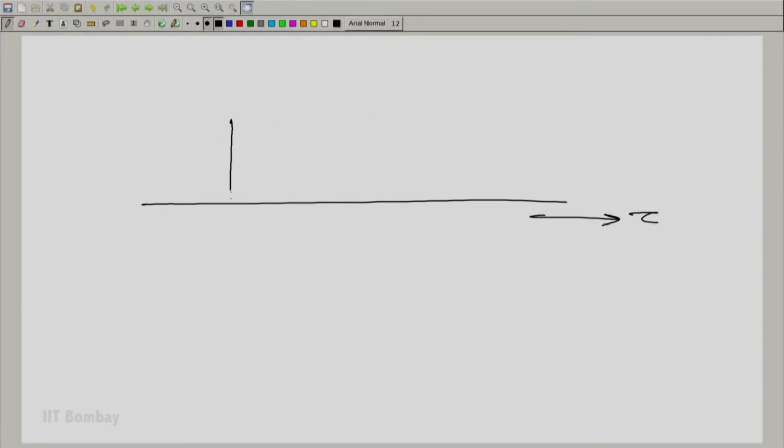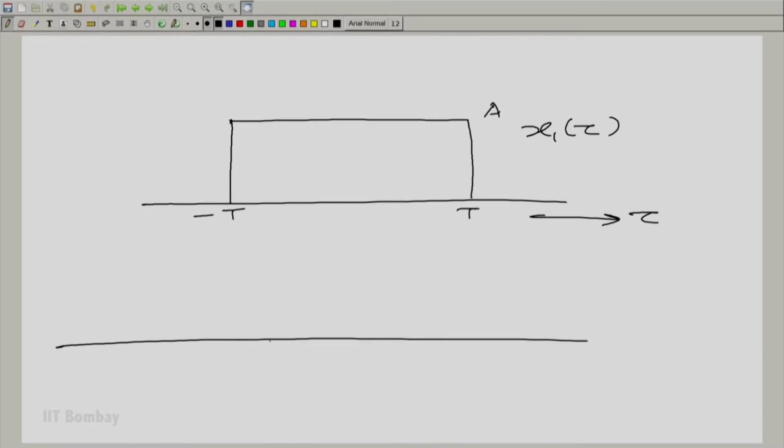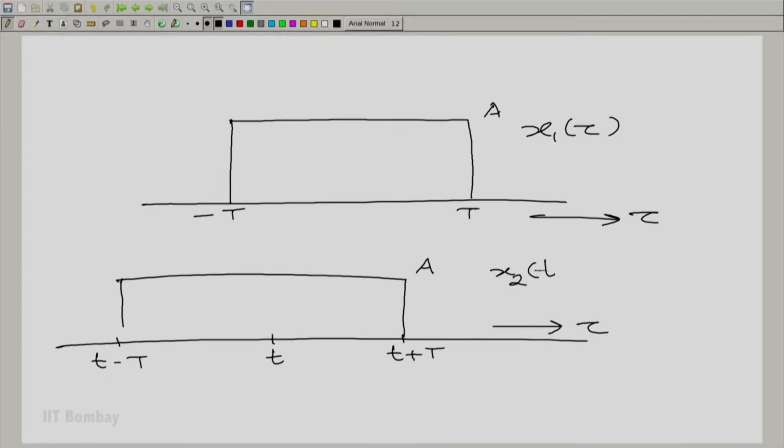You have tau, you have written x1 of tau and x2 of t minus tau, and you could multiply these two together and integrate. So, point by point you need to multiply these two together and find the area under the product.